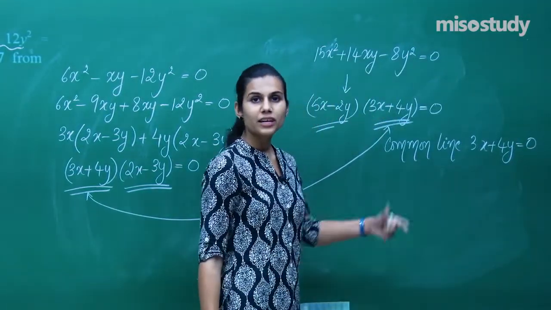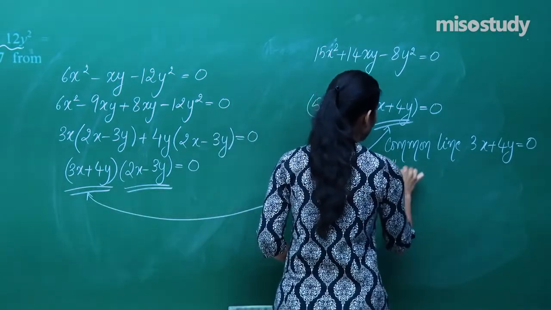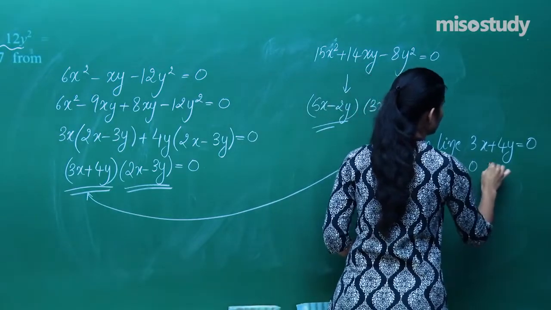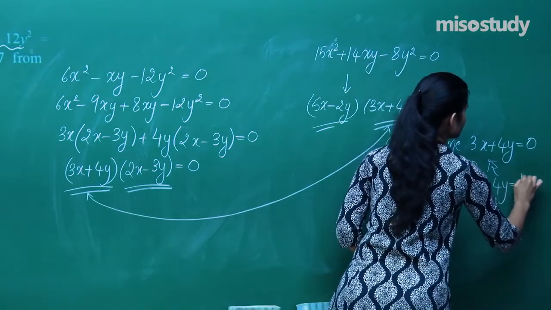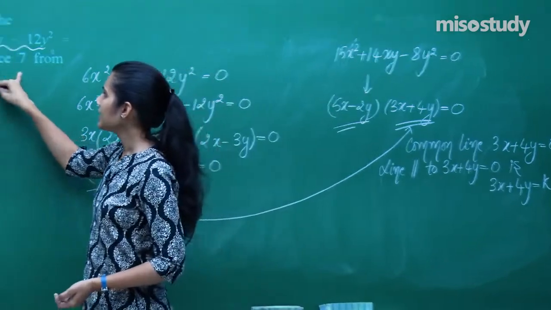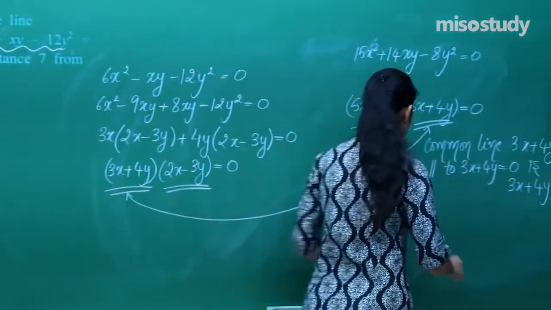I want the equation of the line parallel to this. So the line parallel to 3x plus 4y equals 0 is 3x plus 4y equals k. How to get k? It is given that the line is at a distance of 7 from this line. Now what is the distance between these two lines?